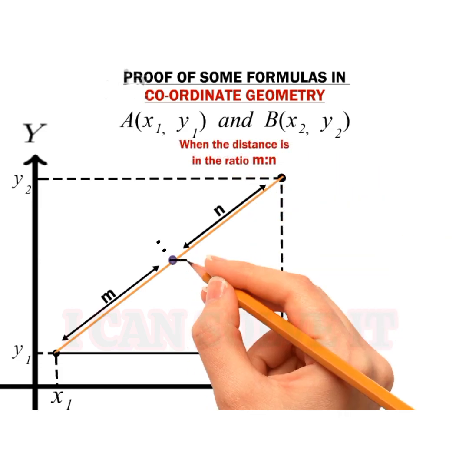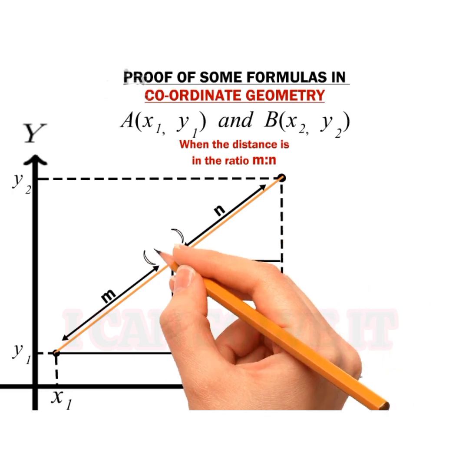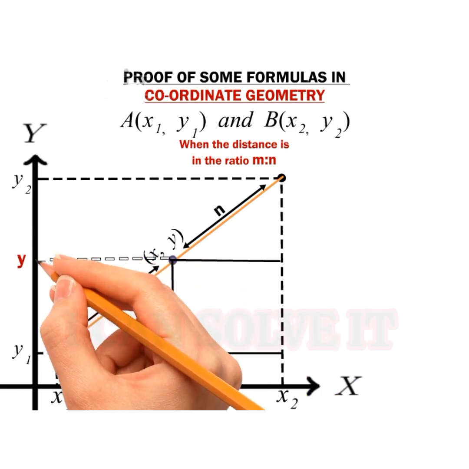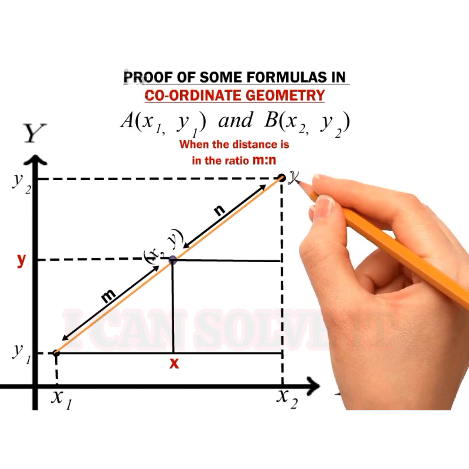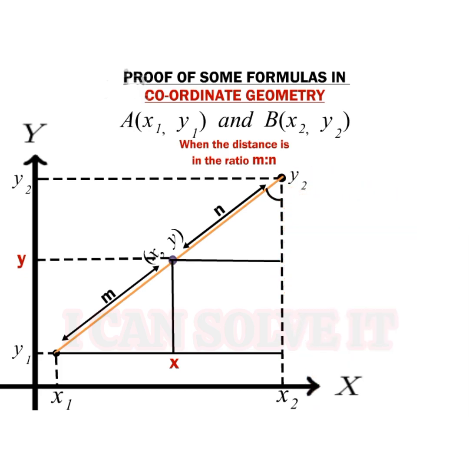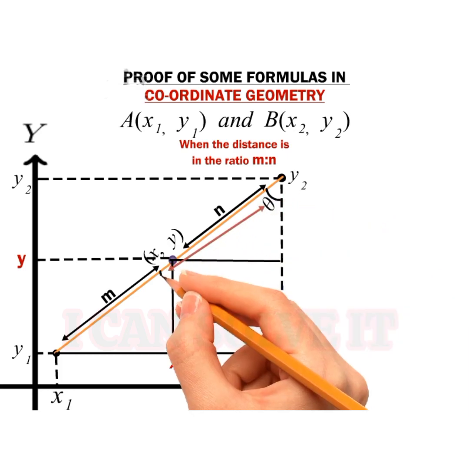Join the horizontal and vertical lines as follows. The coordinate of the point is (x, y). We should take note of that. y can be traced to the y-axis, and x to the x-axis as follows. We also need to assign an angle theta to the upper triangle. With the idea of similar triangles, we see that the angle repeats on the second triangle.